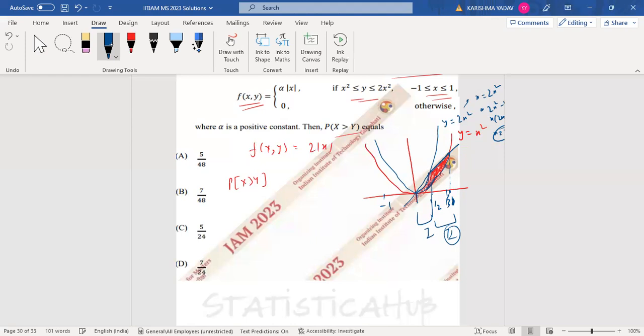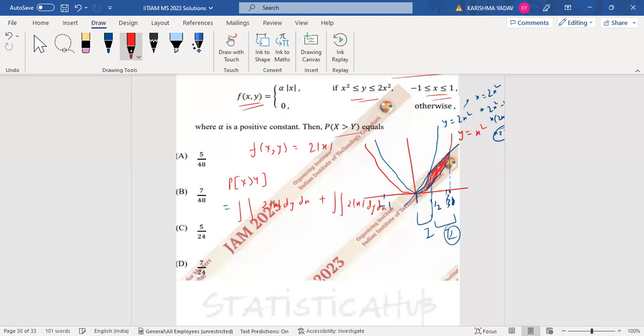So we have to find the probability for these two regions. What we'll do is take out the limits for the very first region plus the limits for the very second region. That will be equal to double integration 2 mod of x dy dx plus double integration 2 mod of x dy dx. What is the limit for y in the first region?